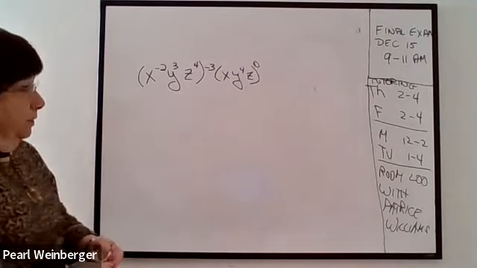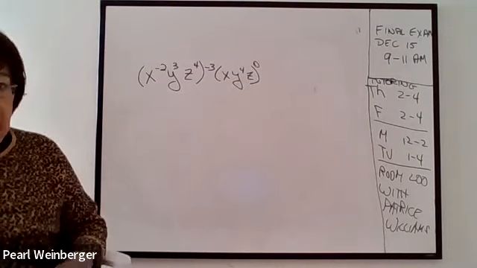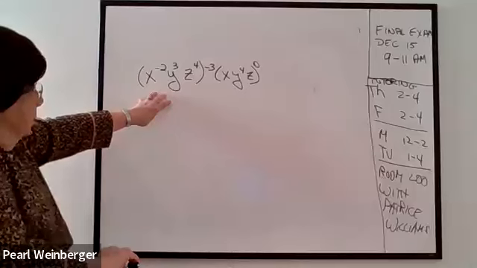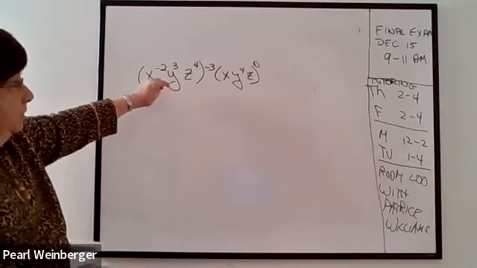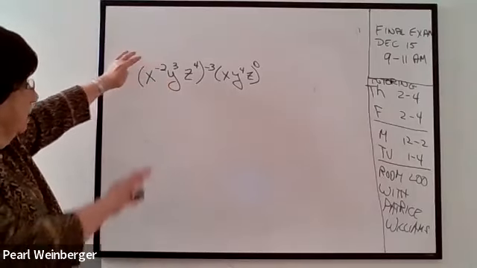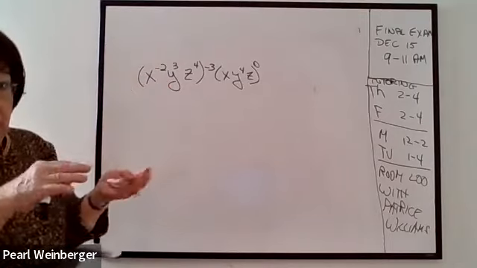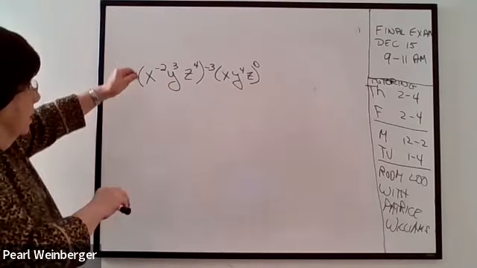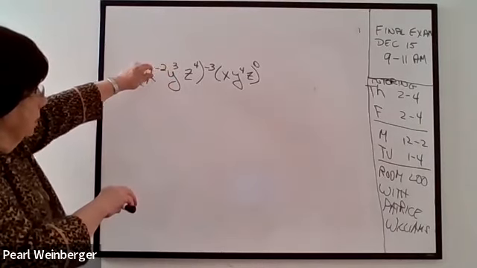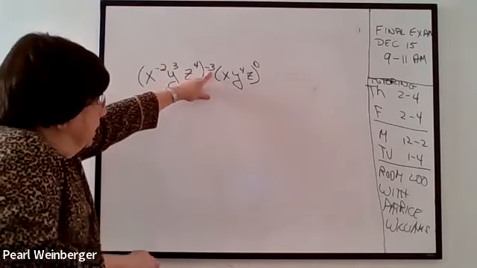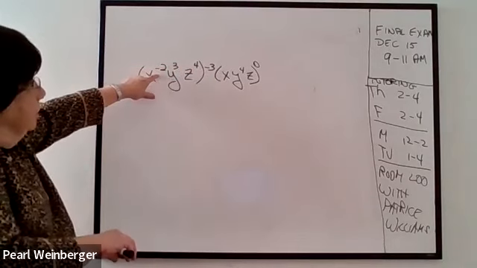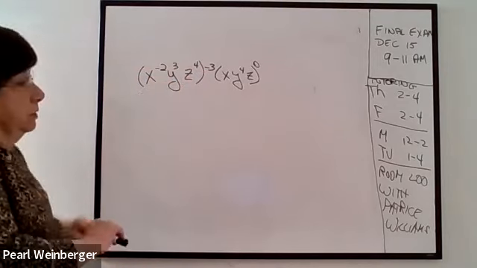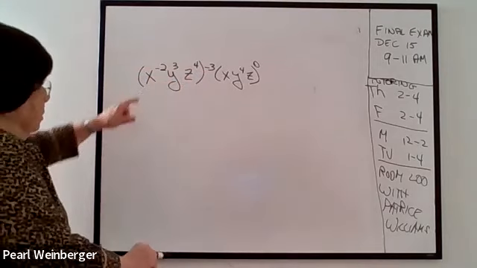Okay, let's work on this together because it looks pretty complicated. So the first thing, if you recall what I said, is that if you have an expression with exponents on the outside, you're going to distribute the exponent on the outside to each of the letters and numbers that are here.